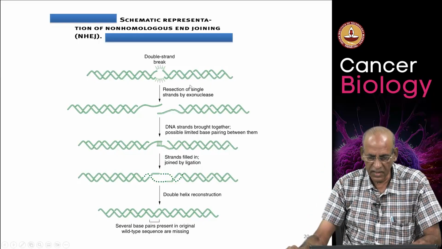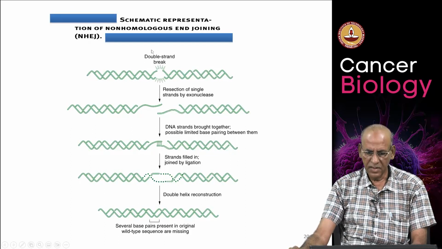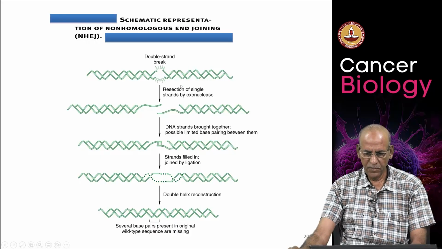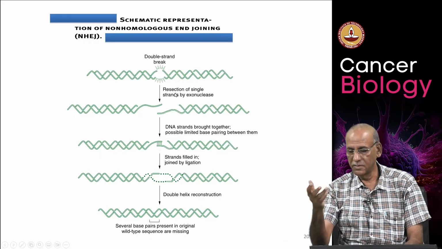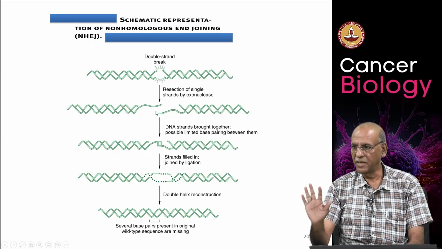Now let us look at it because the picture will give a better story as usual. So, double strand break, in the same way as I told you in homologous, that is exonuclease resection of the single strands by exonuclease, that will create the sticky ends, same thing.